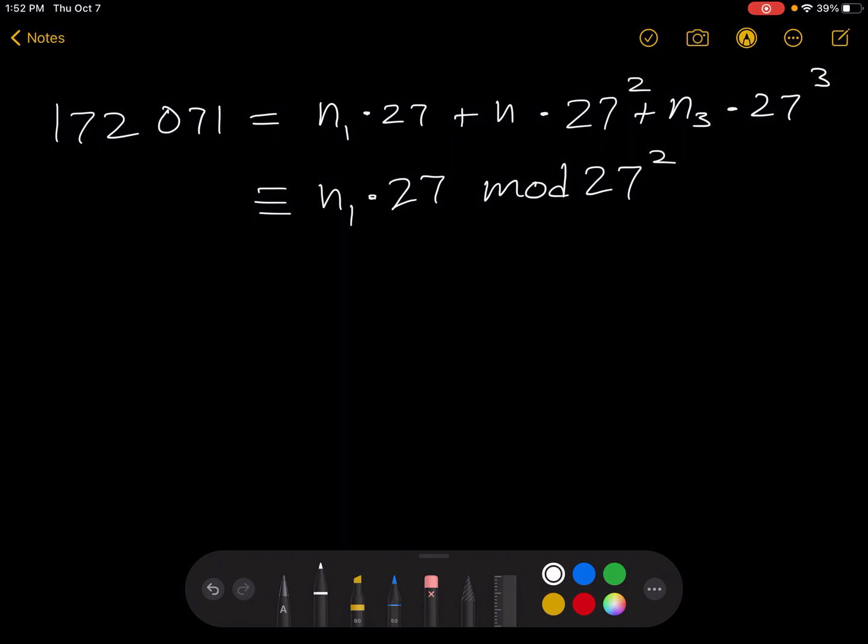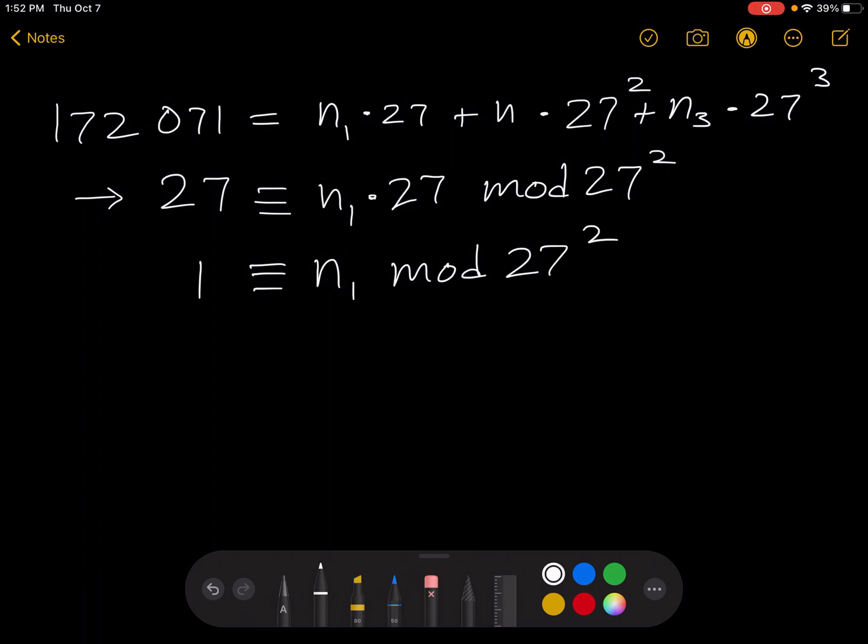And dividing 172,071 by 27 squared, we get the remainder 27. Now dividing both sides of this equation by 27, we get that 1 is congruent to n1 mod 27 squared.